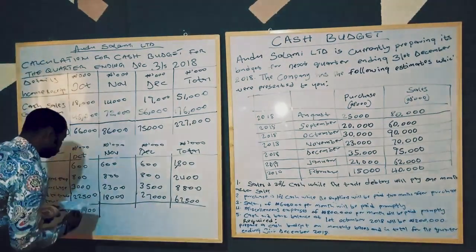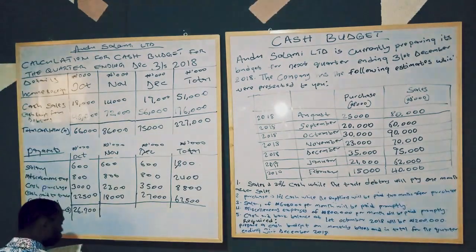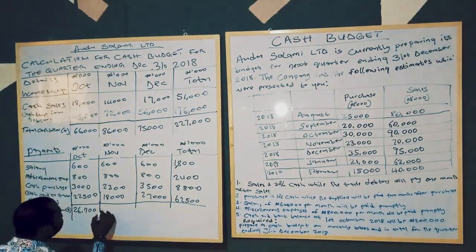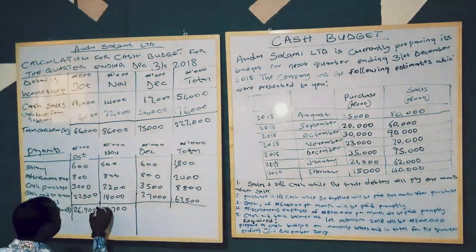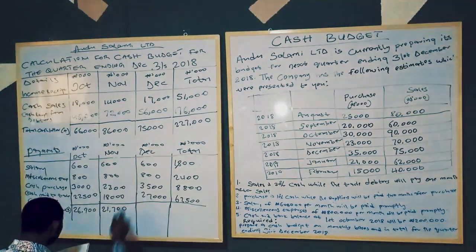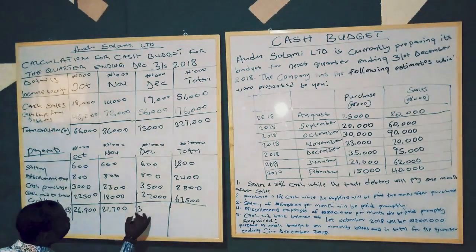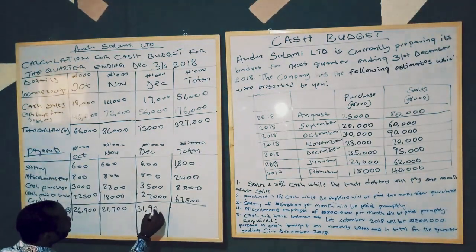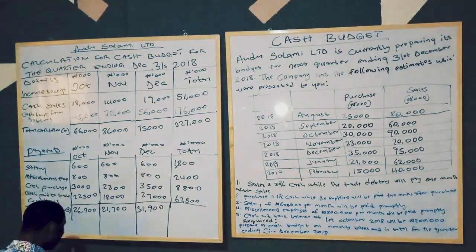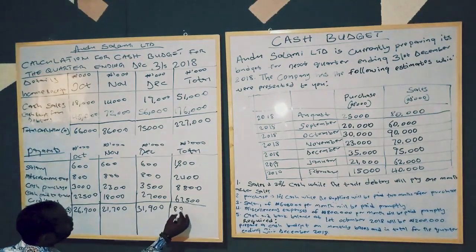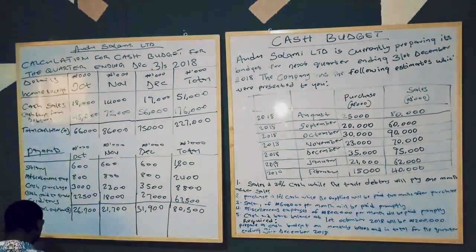That is when we add all this one. Then here too, when we add everything, we have 21,700. Then when we add all these three too, we have 31,900. Then when we add all the totals, we get 80,500.